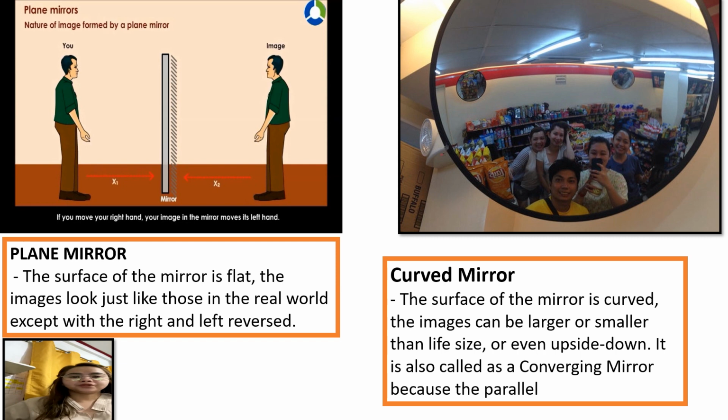While for the curved mirror, the surface of the mirror is obviously curved, and it could produce a larger or smaller size of the object in front of that mirror and of what surrounds the main object. It can also be called a converging mirror.